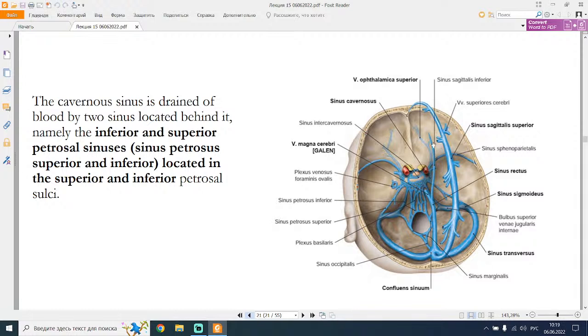The inferior and superior petrosal sinuses connect the cavernous sinus with the sinus transversus and the sinus marginalis, located around the foramen magnum.